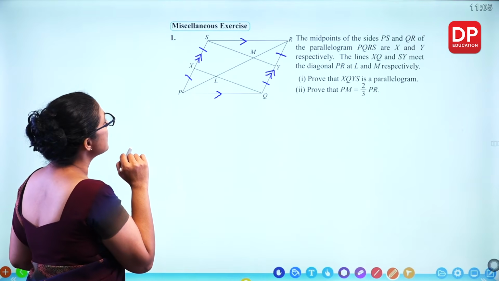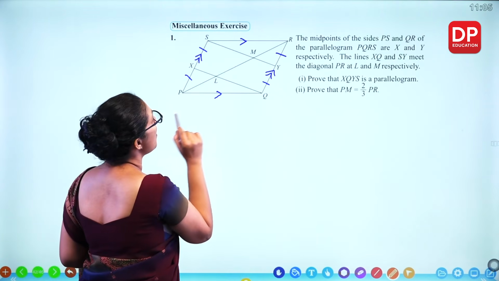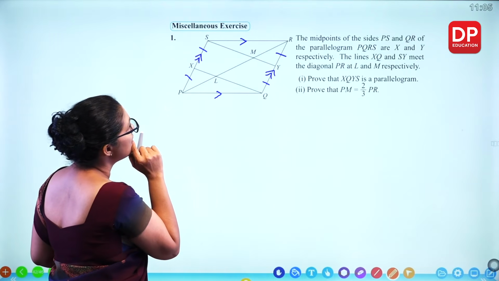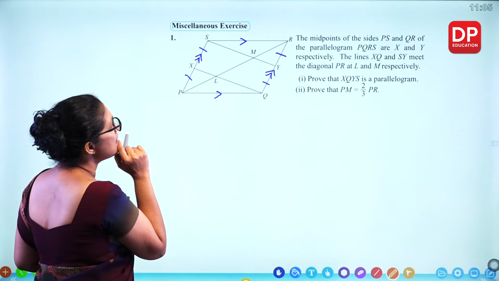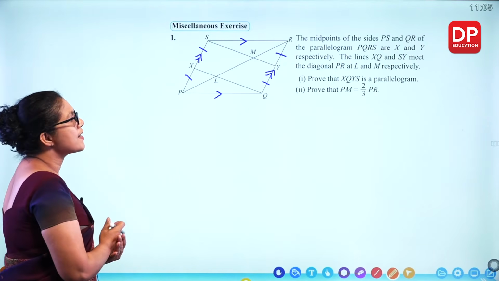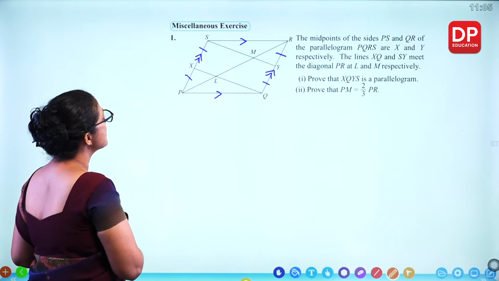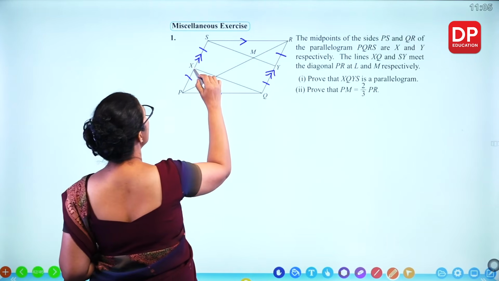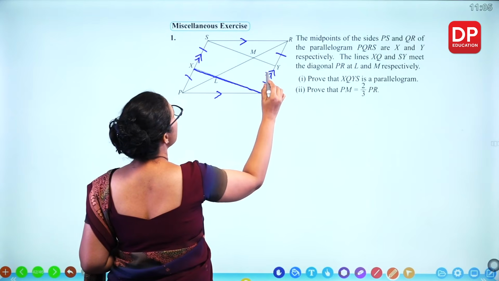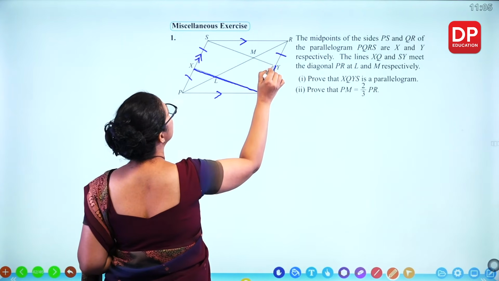Then the lines XQ and SY meet the diagonal PR at L and M respectively. Prove that XQYS is a parallelogram.